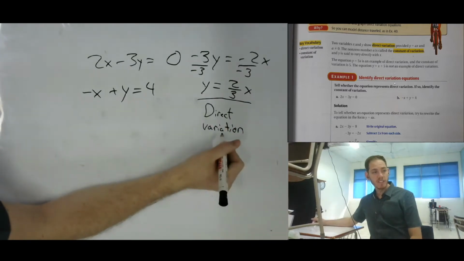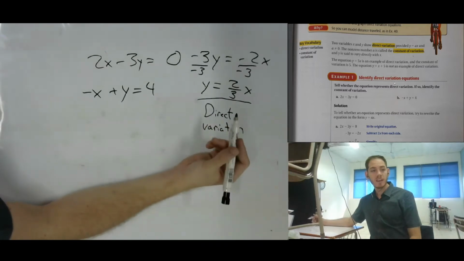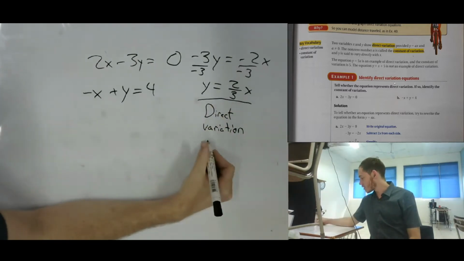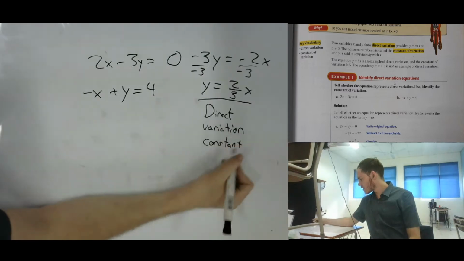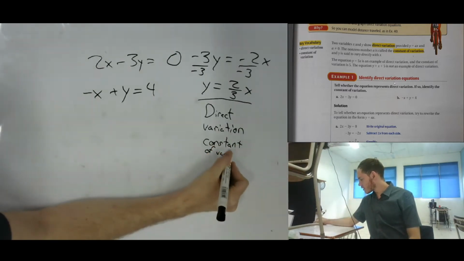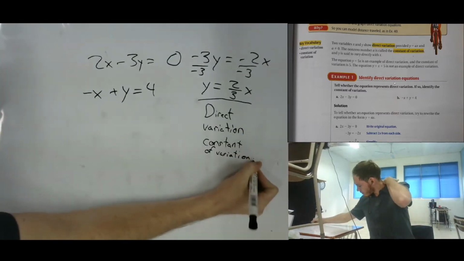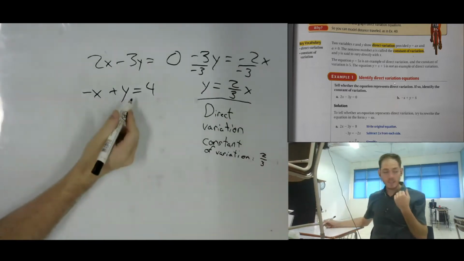If it's direct variation, what's our constant of variation? Well, what is the only number we see in this equation right here? 2/3. So then the constant of variation is going to be 2/3.